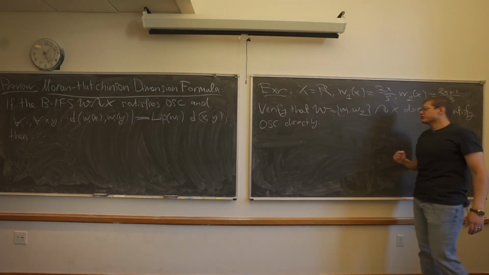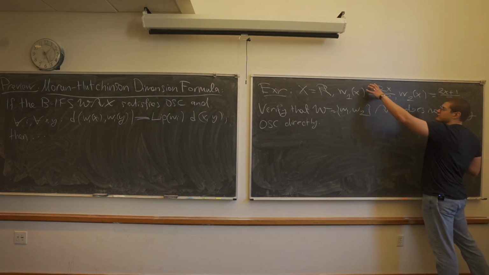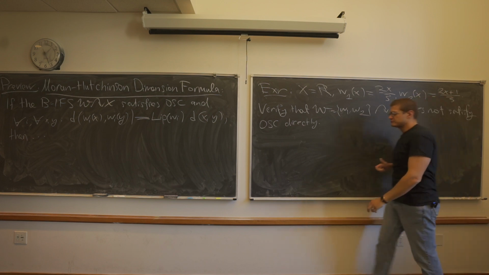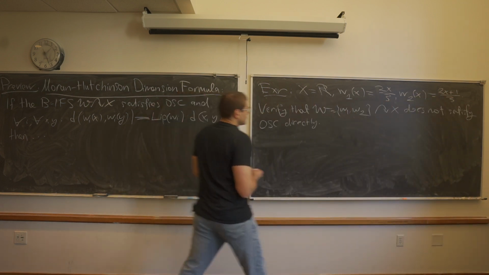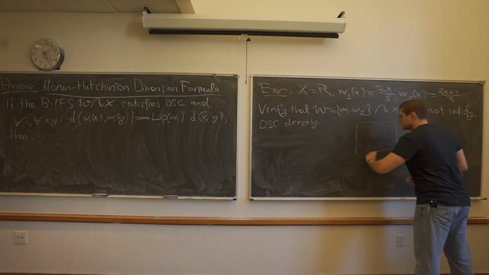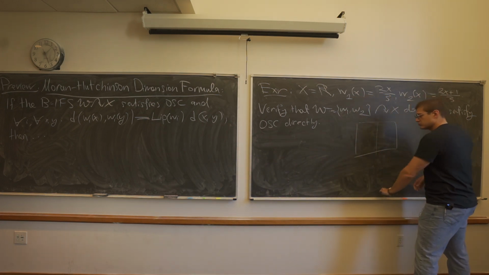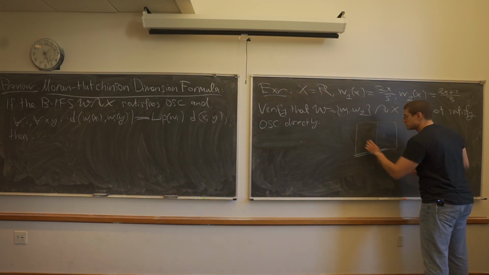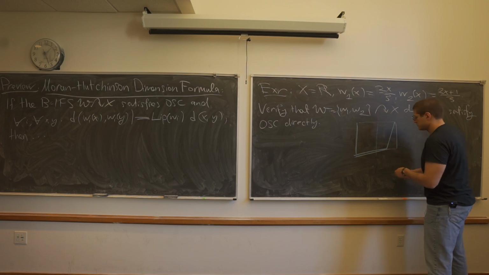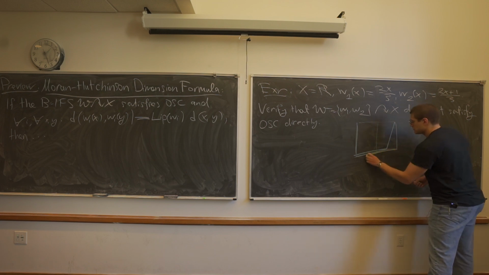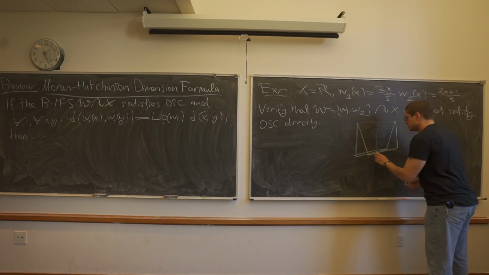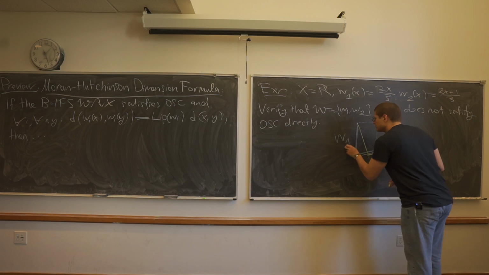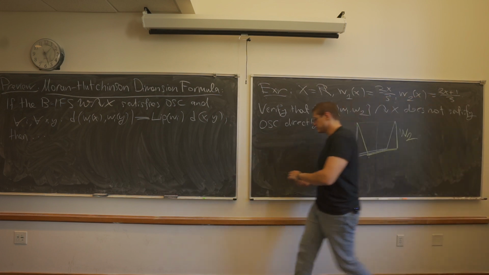I have X equals R, the reals, the first contraction is 2/3 x, and the other one is this, which looks like this. So this is W2, and the blue one is W1. And there's this intersection.